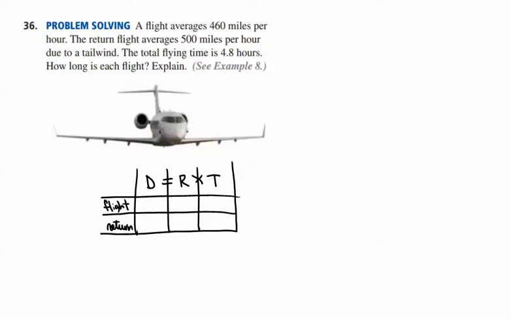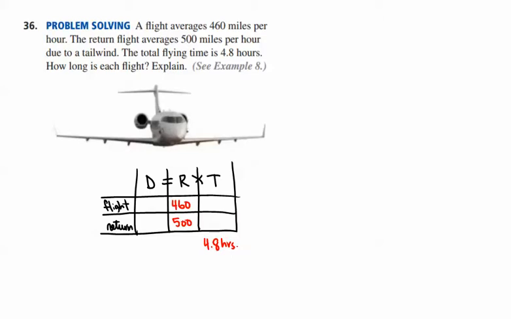Alright, so filling in information we know. The flight is 460 miles per hour. The return flight, 500 miles per hour. And we know that the total flying time, when I add those up, has to be 4.8 hours.